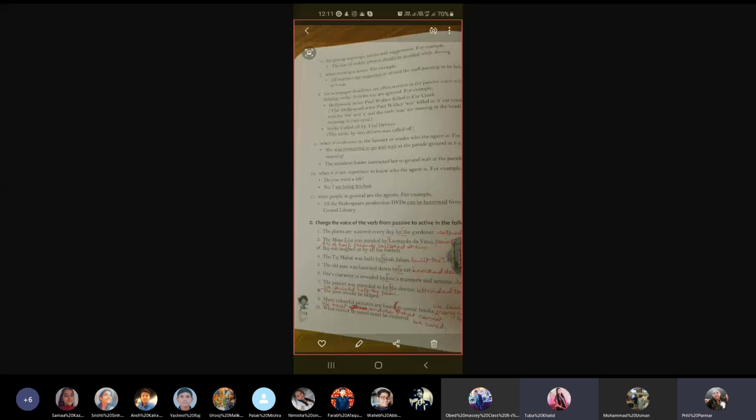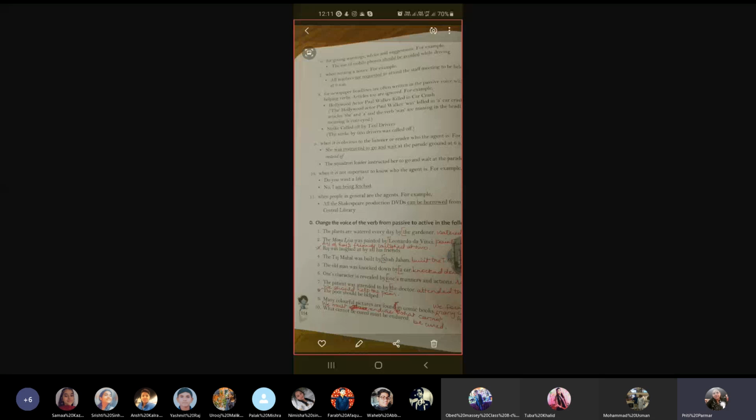Actually, it should be by us, but by us is missing. Why? Because it doesn't need an agent to be mentioned. So the active voice would be we should help the poor. Put a tick mark on A8. We'll be doing 8 in the copies.